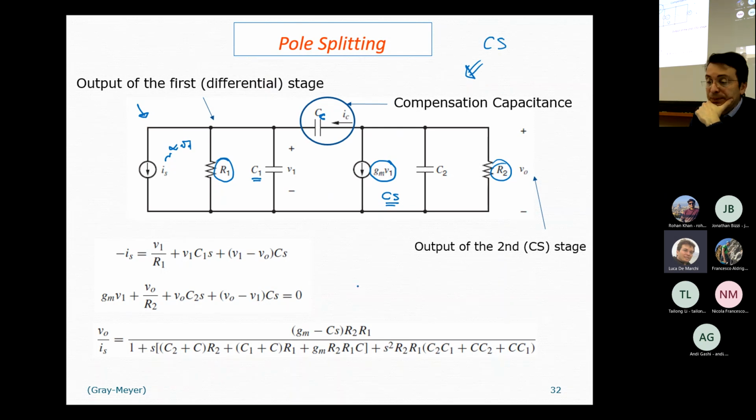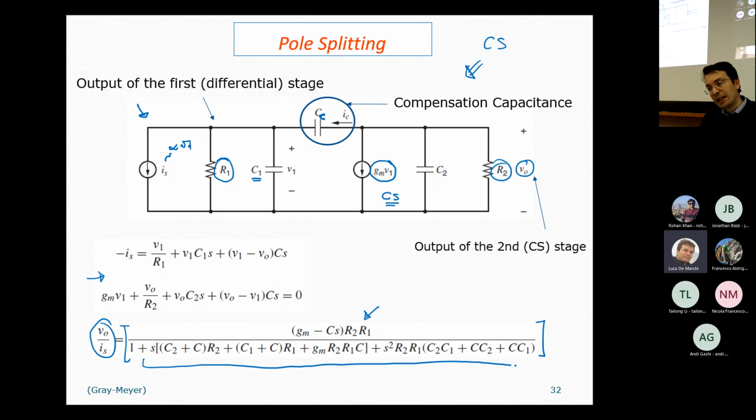So if we compute the relationship between Vout and IS by applying simply the Kirchhoff law, we get this expression. This expression is characterized by a first order function as the numerator, therefore we have 1 zero. And then we do have a second order function as the denominator, therefore we have 2 poles, 2 roots in this denominator.